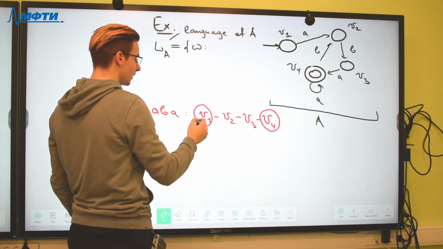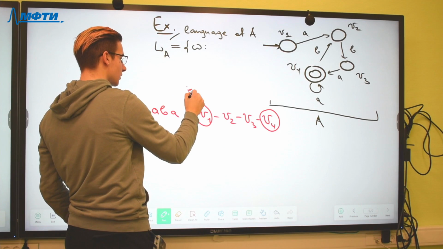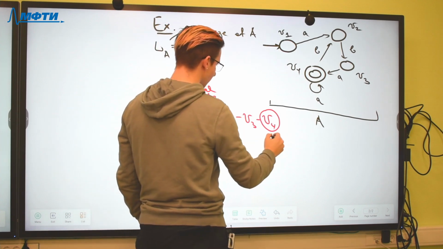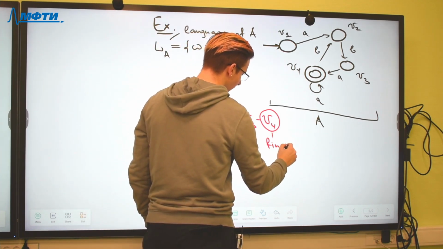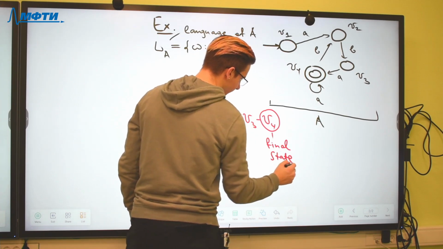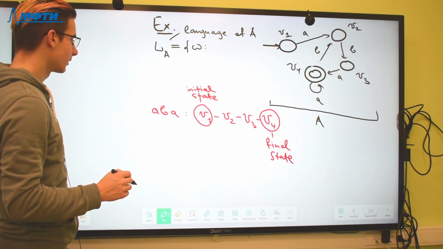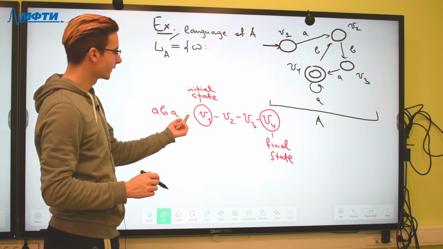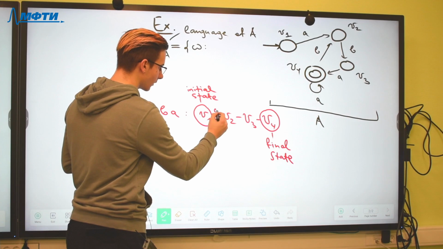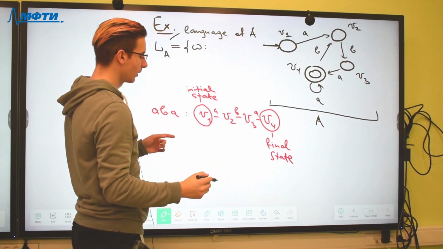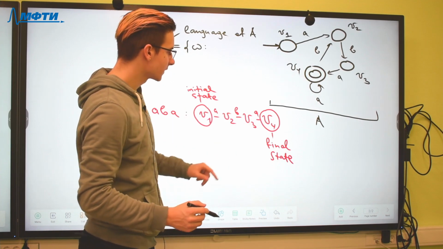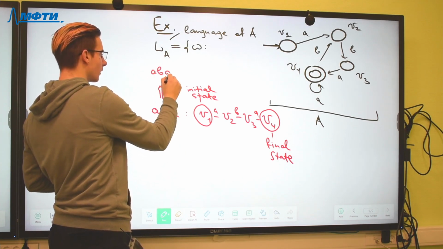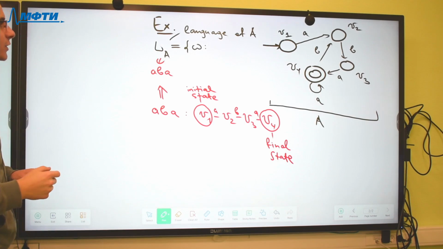So, if we see that it is the initial state and it is the final state, if using these characters we can start with the initial state and end with the final state, then we say that this word will be in the language of this automaton.